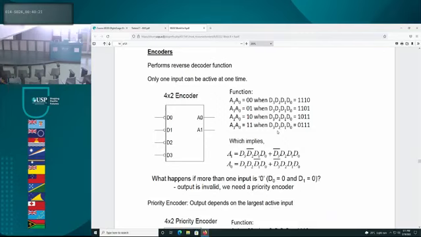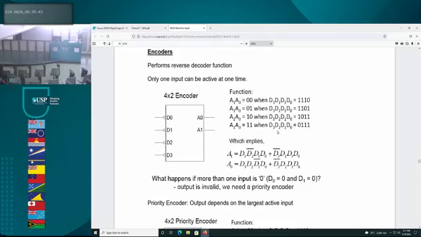The bubble means that it operates on logic low. That means everything is usually high, and the selected line is the one which is low. If there is no bubble, everything is low and one of them is high. So the bubble means that the selected line has to be made low. Remember that. If you are confused, please go back to Tuesday's lecture and then work backwards.